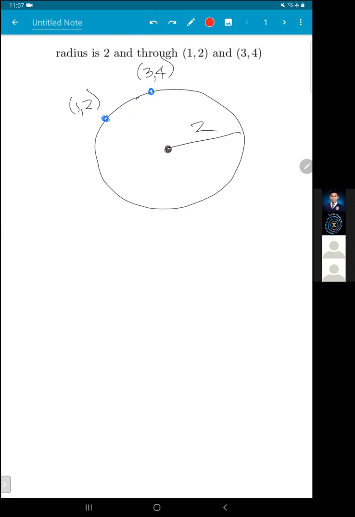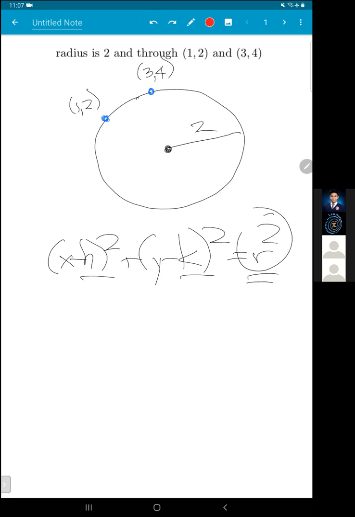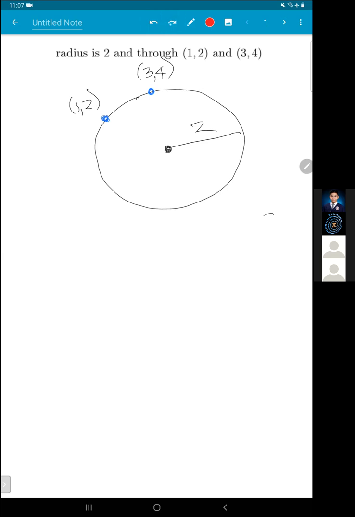May idea na siya doon sa isosceles triangle. Well, what he means really is this. Since the radius is 2, okay, erase this one.